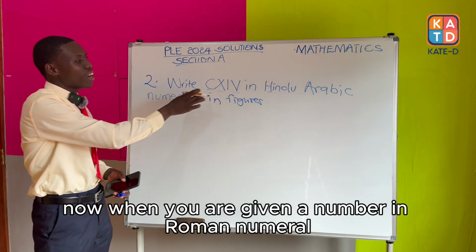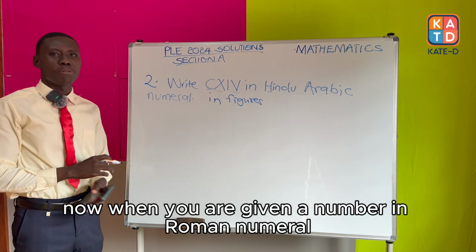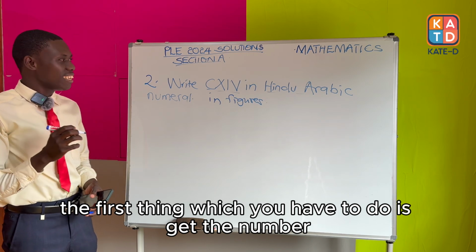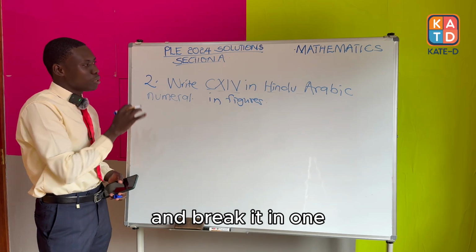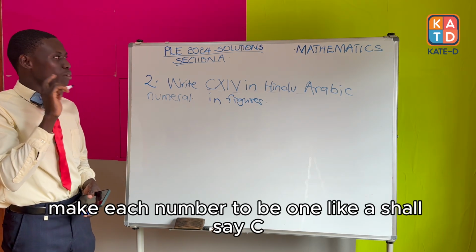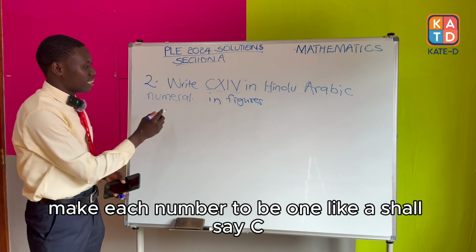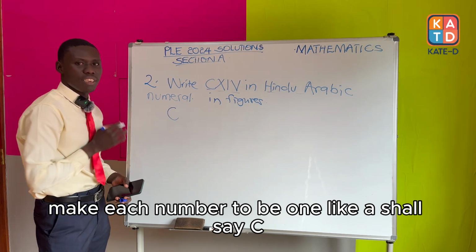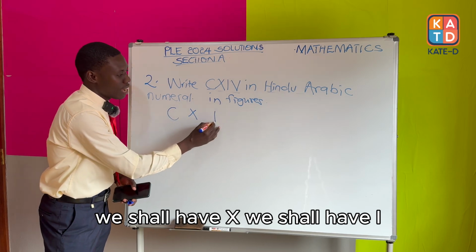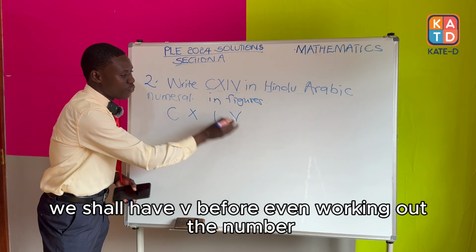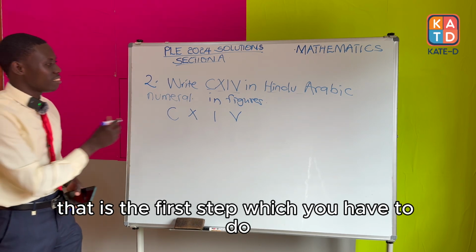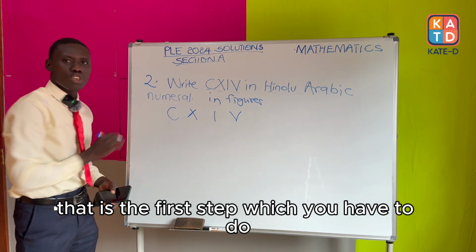Now, when you are given a number in Roman numerals, the first thing you have to do is break it up so that each numeral stands alone: C, X, I, V. Before even working out the number, that is the first step.